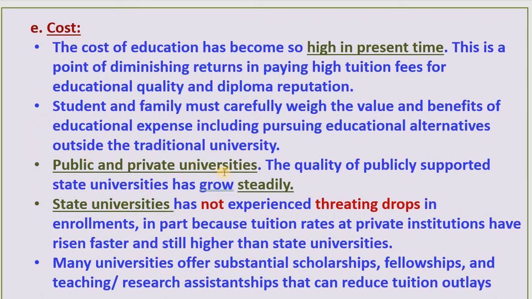So public and private universities have different costs, and they grow steadily. State universities have not experienced drops in enrollment in part because tuition rates at private institutions have risen faster and are still higher than at state universities. So at state universities the fee is lower, and it does not change a lot every year because it has support partly from the government.